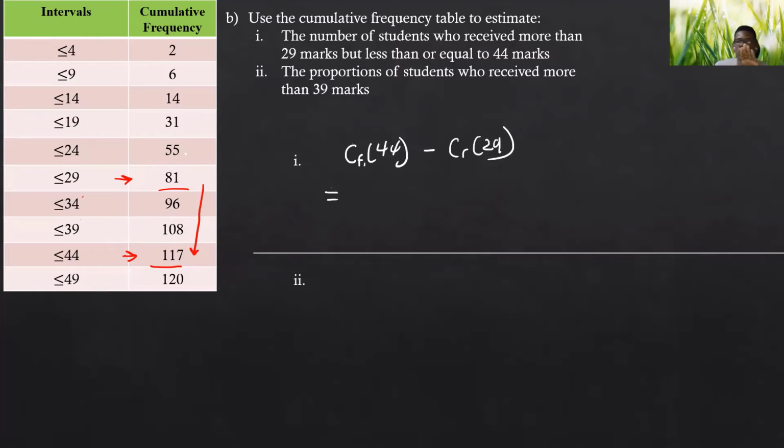Again, the number of students or candidates who received more than 29, you go straight to 29. More than means you're coming all the way down, but less than 44 means that you're looking between 29 and 44. So you go down and you stop at 44. In other words, go get your cumulative frequency for 29 and your cumulative frequency for 44.